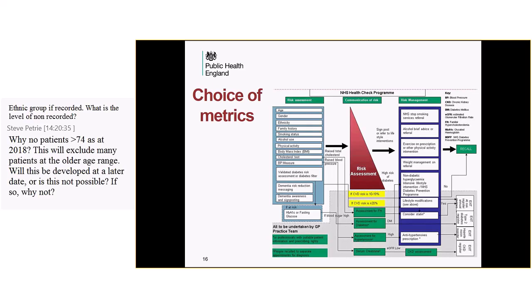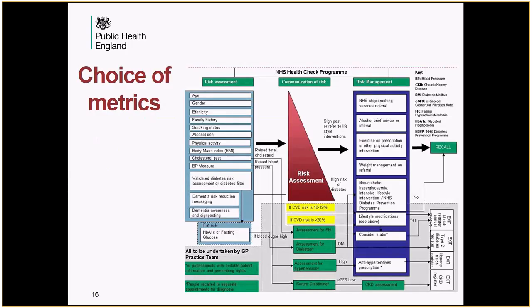So just to say a bit now about the choice of metrics. In the extracts, as well as patients' characteristics, we extracted all of their NHS Health Check activity, their risk factor information, interventions, prescriptions and diagnoses around certain time windows. Earlier on in the year, we ran 4 workshops with regional stakeholders to get a better sense of user needs and the kind of metrics that would be useful to develop from this data.